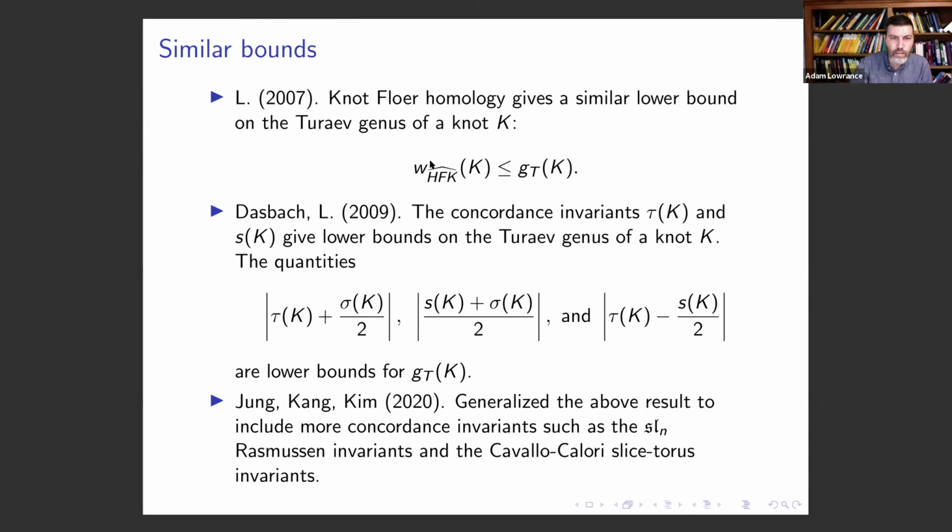And then I followed that paper up with a joint paper with Oliver, where, frankly, these all could have been in the same paper, but I was just learning Khovanov homology and knot Floer homology at the time. Turns out that there are these invariants that come along with knot Floer homology and Khovanov homology, the concordance invariants: s of K, the Rasmussen invariant for Khovanov homology, and tau of K for knot Floer homology.